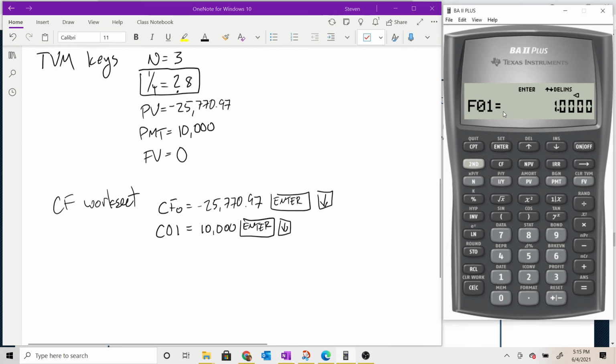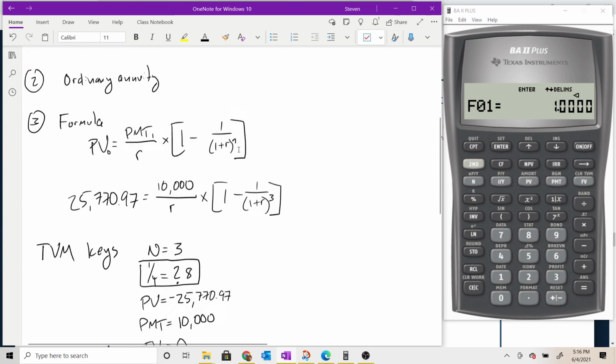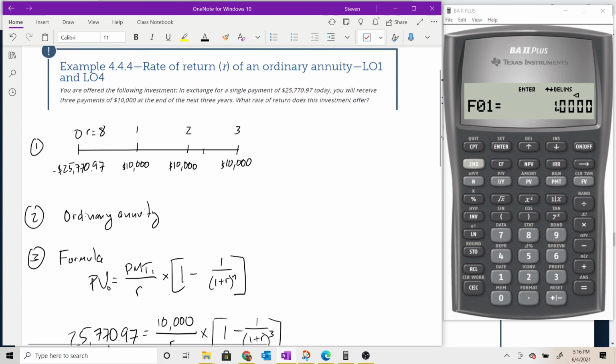When we hit the down arrow key, this time it comes up with F01, which is the frequency of cash flow 1. That is, for this $10,000 that you just entered for cash flow 1, how many times in a row do you experience that cash flow? For this problem, we get it 3 times in a row: the end of the first year, second year, and third year.